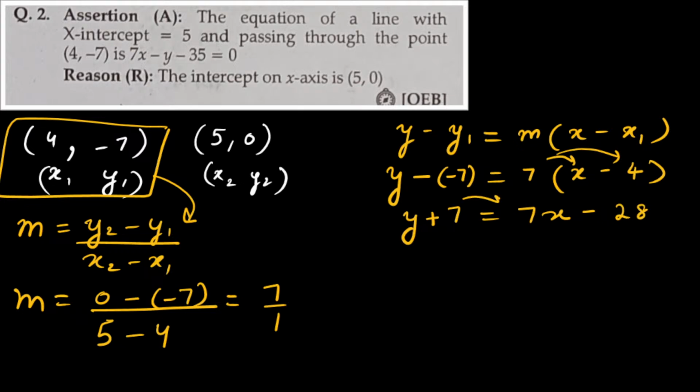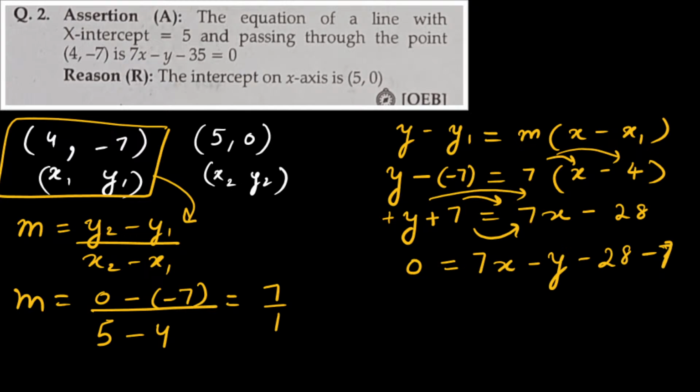Now let us shift this 7 and y to the other side. Everything is shifted to the other side, so nothing is left on this side. So 0 equals 7x, plus y shifted becomes minus y, minus 28 is already there, and plus 7 when shifted becomes minus 7.